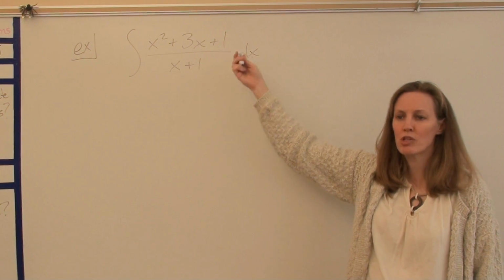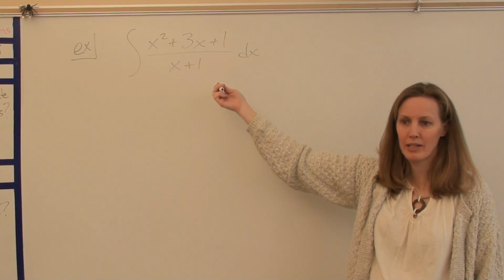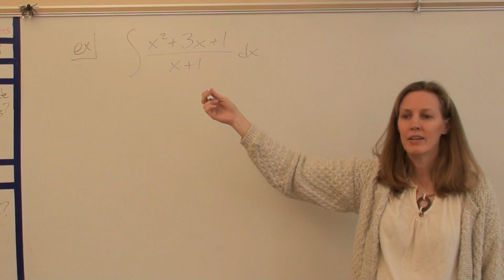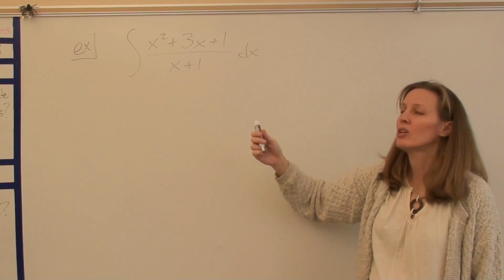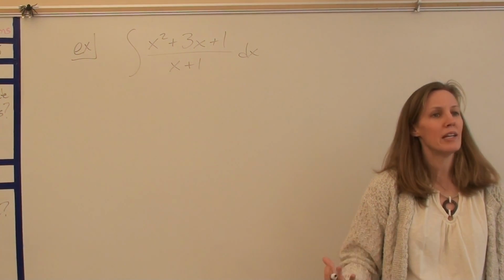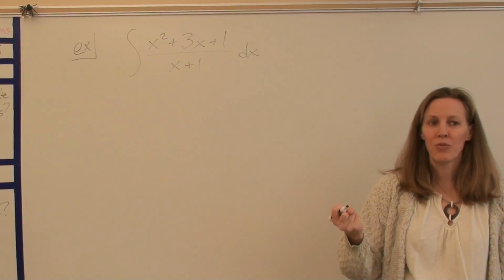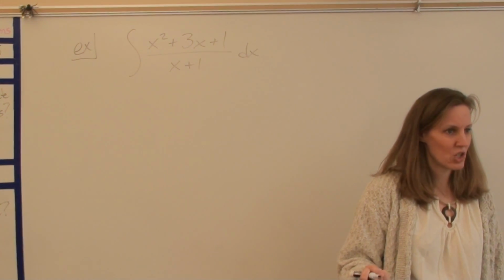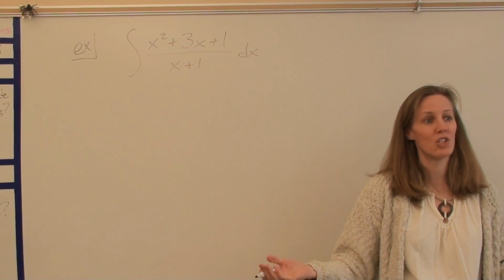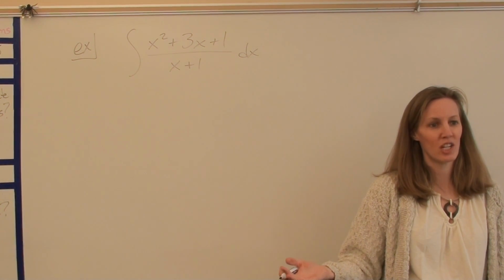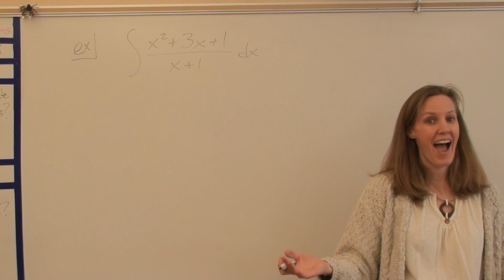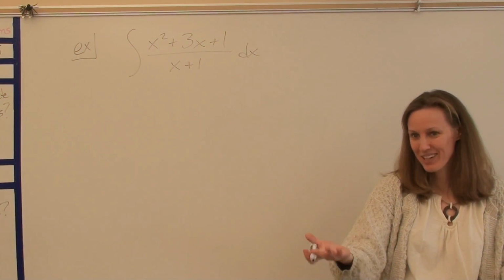So the quadratic formula won't really help you at all, right? Instead, we need to divide the x plus 1 out. Factoring isn't going to help us with the division. Is there something else we could do with the division? Synthetic division. We're going to do synthetic division.